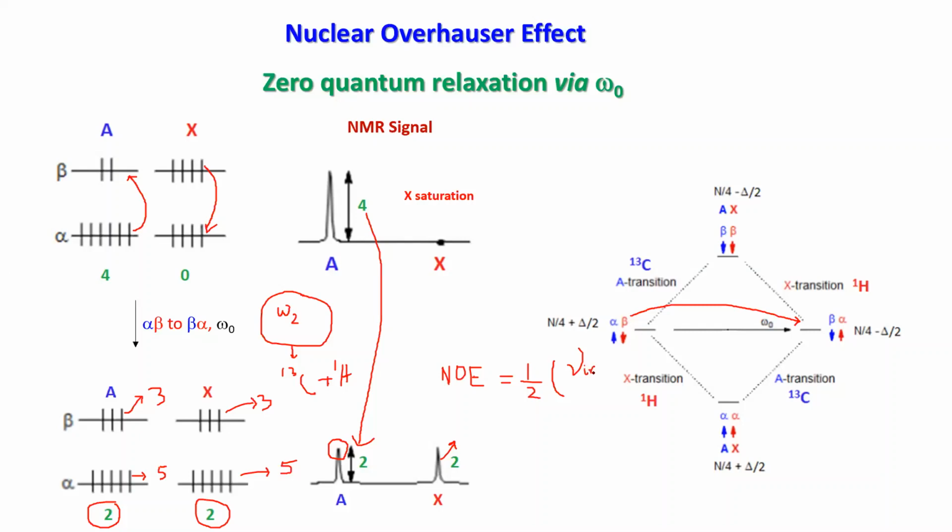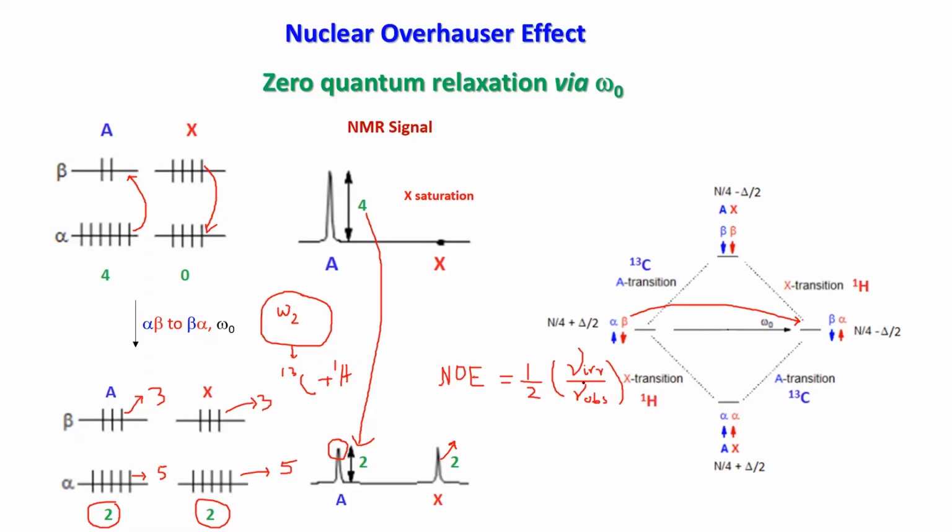Delta plus twice X. Enhancement. Observe. Understood. So it was the enhancement. Now, if it is the two proton, what will be?